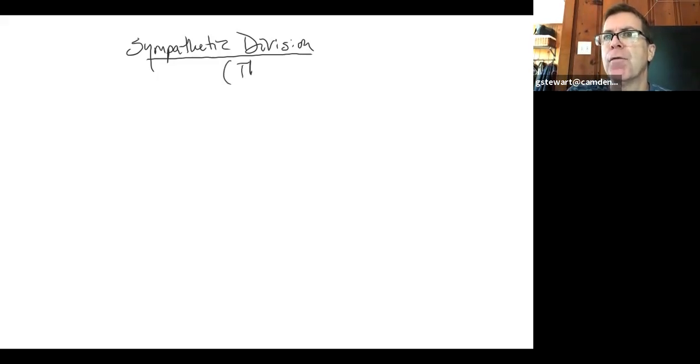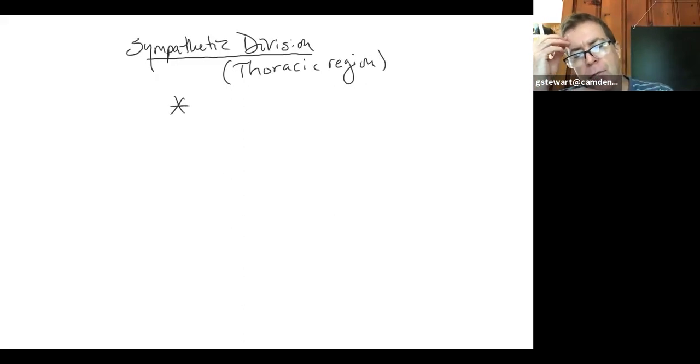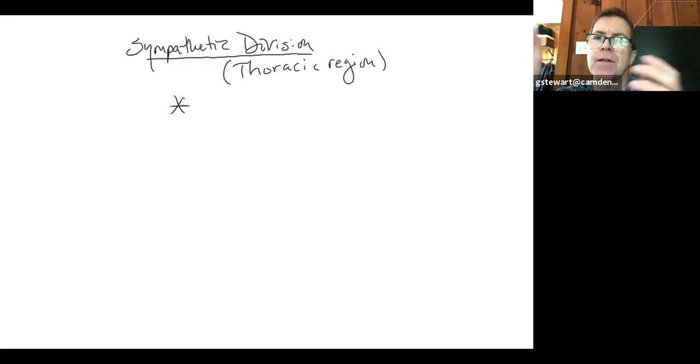Remember, the fibers originate in the thoracic region. That's pretty much from T1 all the way down to L2. And this is when I said that both subdivisions innervate the same organs, just have opposite effects, that's 99% true. These are the exceptions.